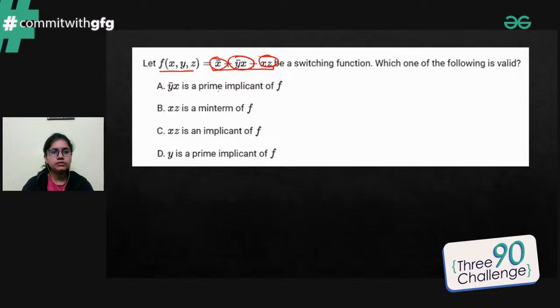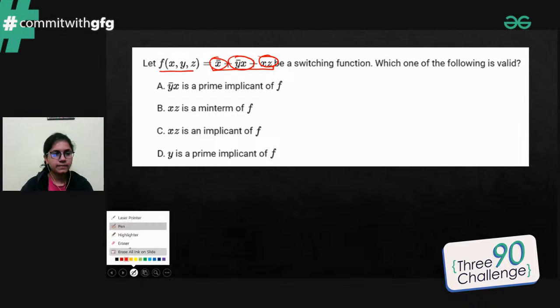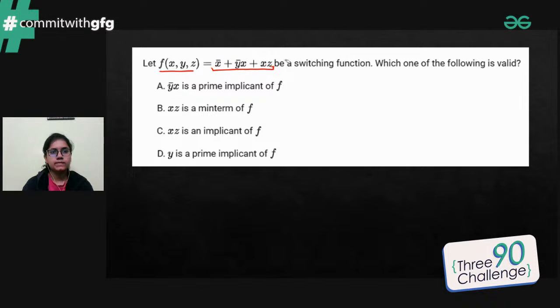Whether you have to check for these options like prime implicant and everything, you should first convert this into its canonical form. So let's try to do that. x bar, let's leave the space here, y z, plus x.